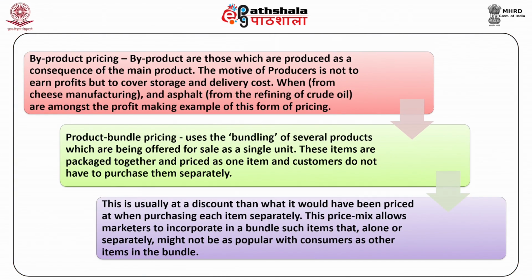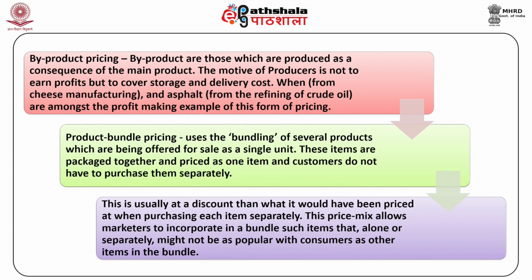Byproduct pricing. Byproducts are those which are produced as a consequence of the main product. The motive of the producer is not to earn profits but to cover the storage and delivery costs.